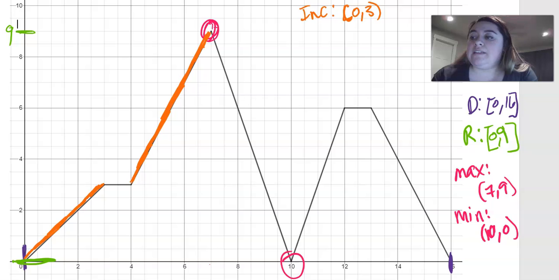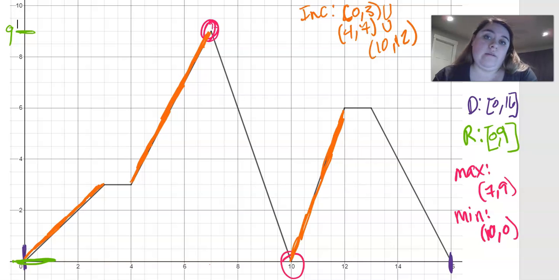So I use this fancy little symbol here. I'm not going to make you do that, but that just means and. So from 4 to 7, I am also increasing. There's one other spot that I'm increasing, and I start here at 10, and I keep going until I get to 12. So I've got a third interval where I am increasing.